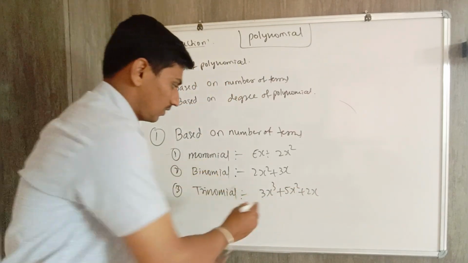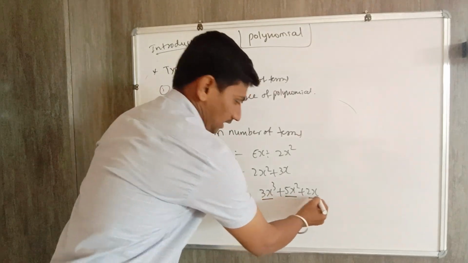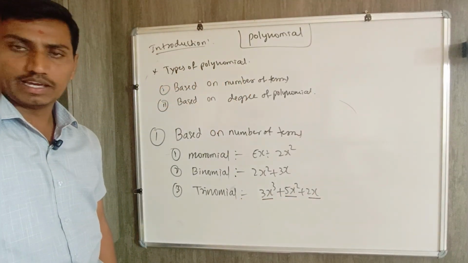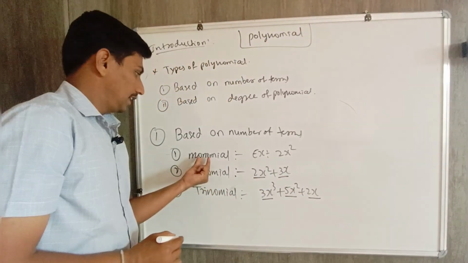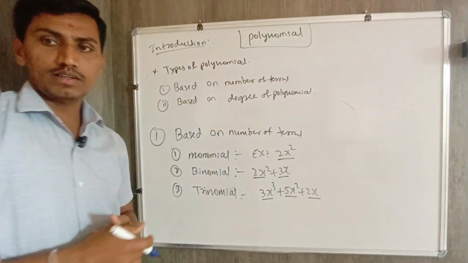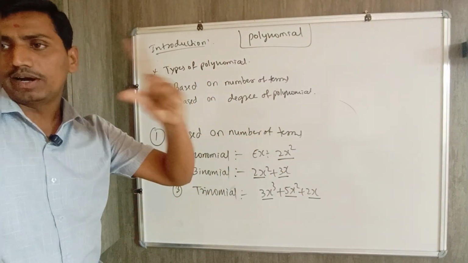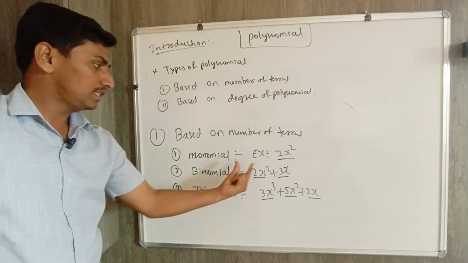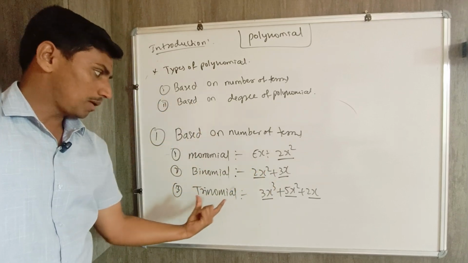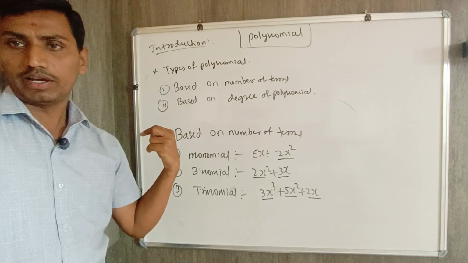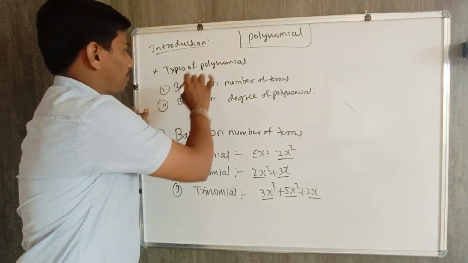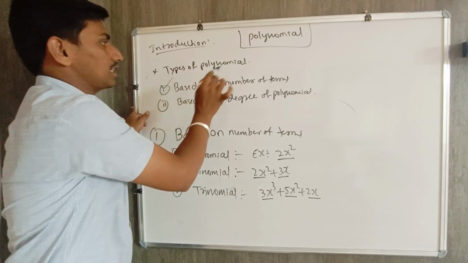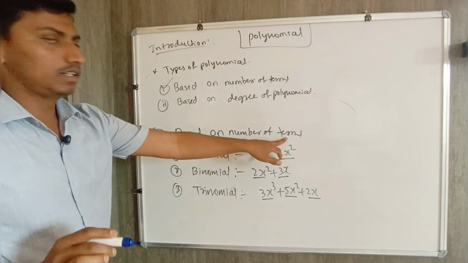How many terms here? One term, two terms, three terms. Monomial means only one term. Binomial means two terms. Trinomial means three terms. So these are the types of polynomial based on number of terms.